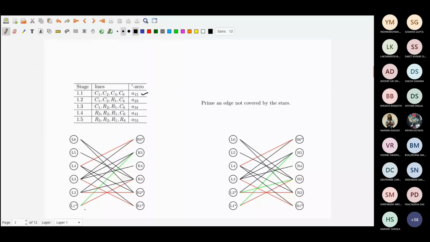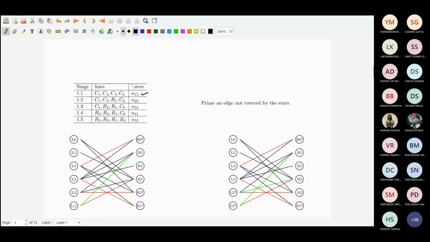So in that case, what the algorithm says is uncover the column and cover the row. So essentially, the star that was at R3 goes away, and there is a star created in its row, and the row was the first row, so L1 star. That is how the star shifts.